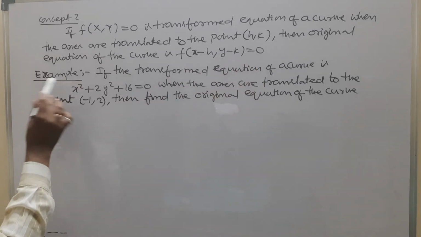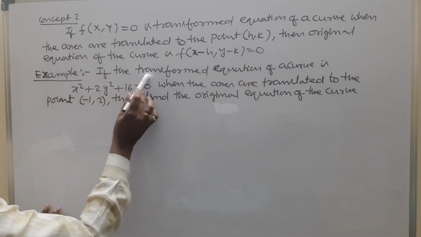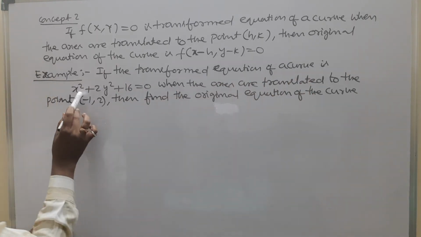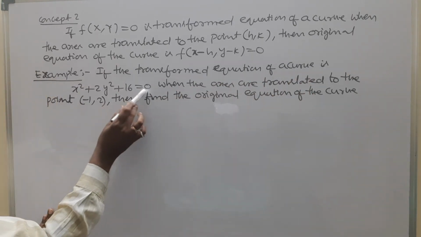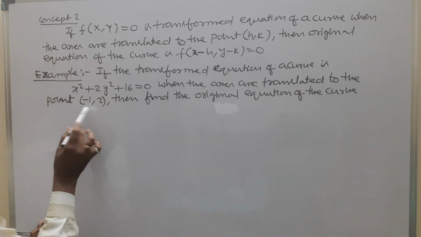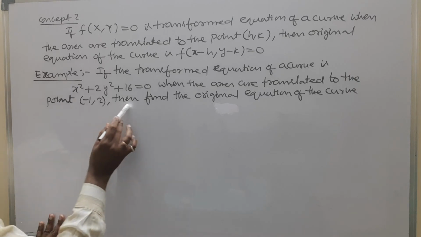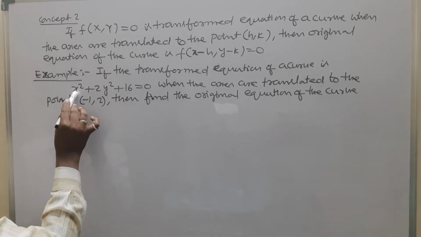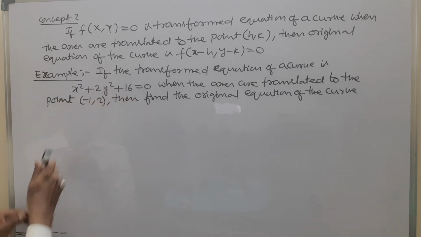Here is one example question. If the transformed equation of a curve is x square plus 2y square plus 16 equal to 0, when the axes are translated to the point minus 1 comma 2, then find the original equation of the curve. Here the given equation is a transformed equation.